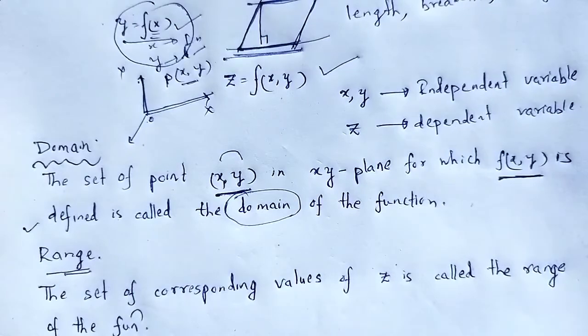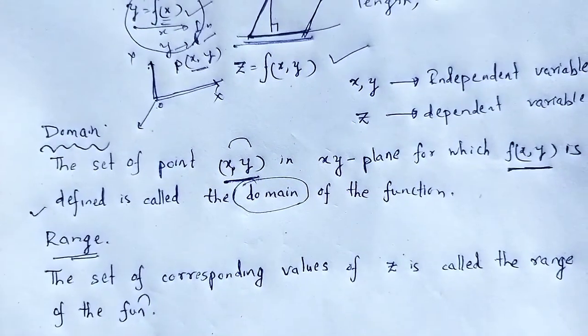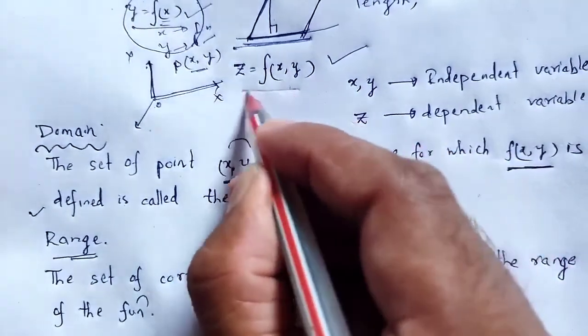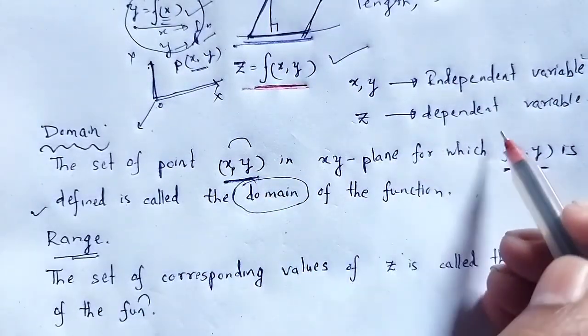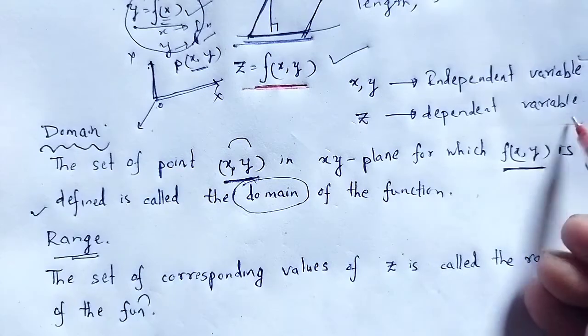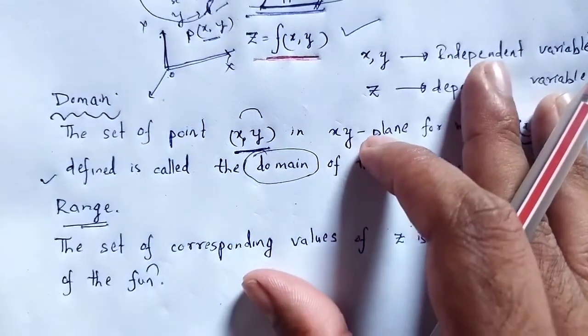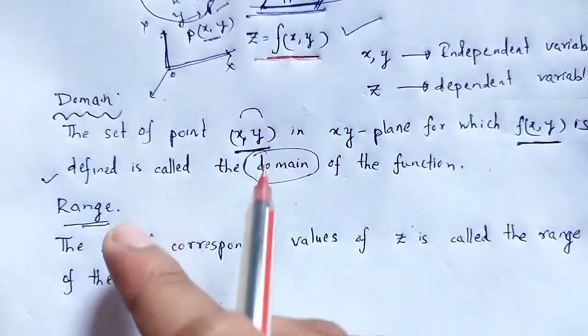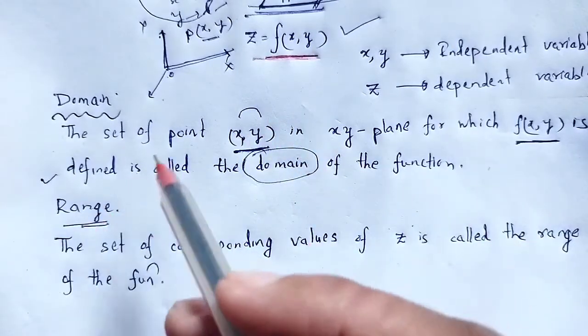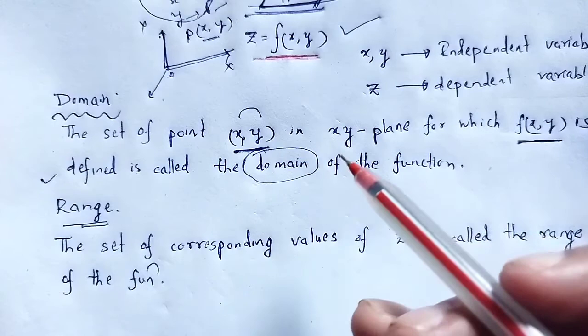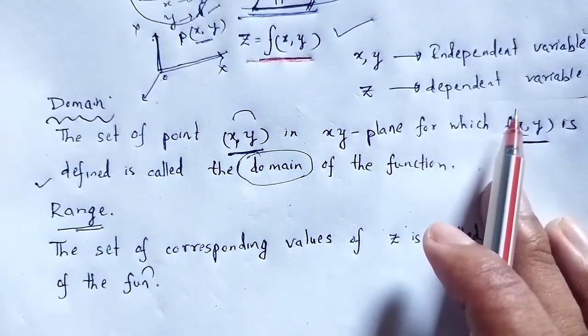The function is given as z is equal to f of x, y, a two variable function, where x, y are the independent variables and z is the dependent variable. So for that function we can define what the domain and what the range should be. The domain is the set of points x, y in the xy plane for which f of x, y is defined.